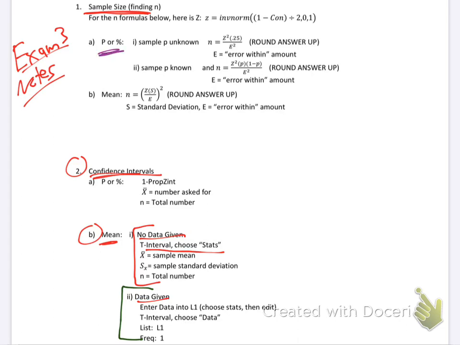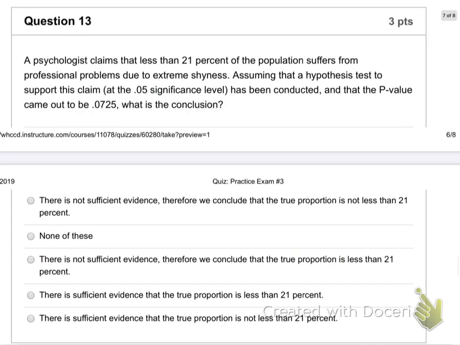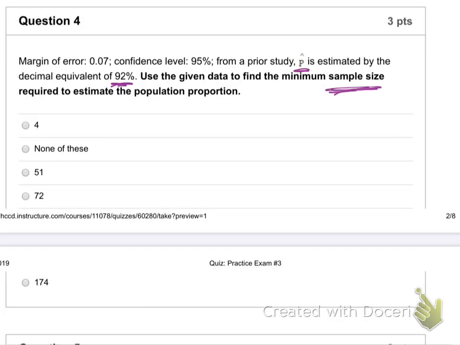Is it a percentage this time? Let's see. Yeah, this is number 4. Yeah, we're talking about percentages, aren't we? Right? Population proportion. And they're giving me a 92%. We're talking about p hat.